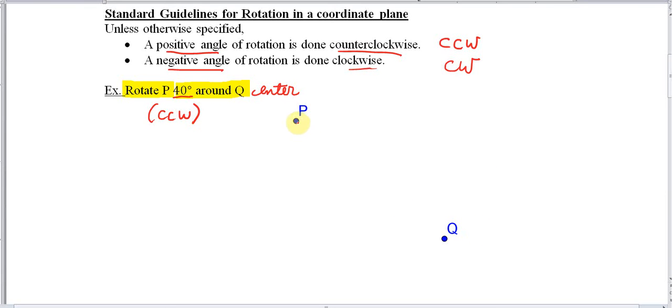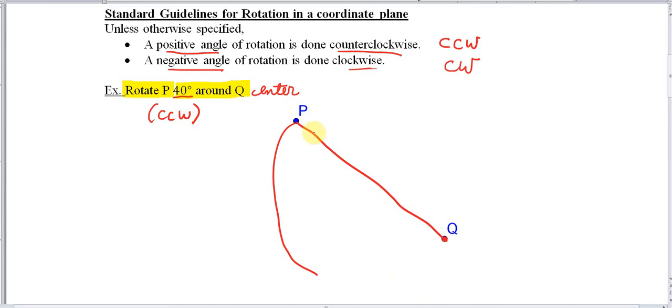The first thing that we're going to do is take a line segment between P and Q, and then make a circle using that line segment. Set our compass to this size and make a circle, or at least a part of a circle.